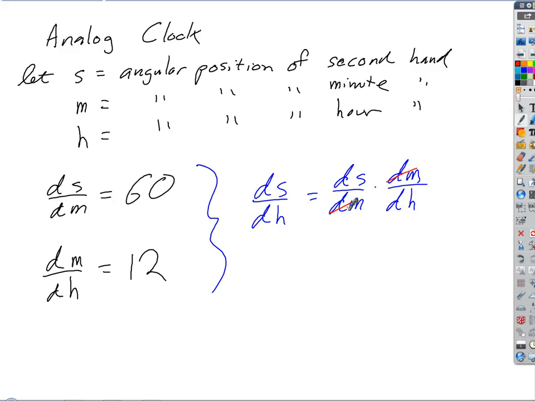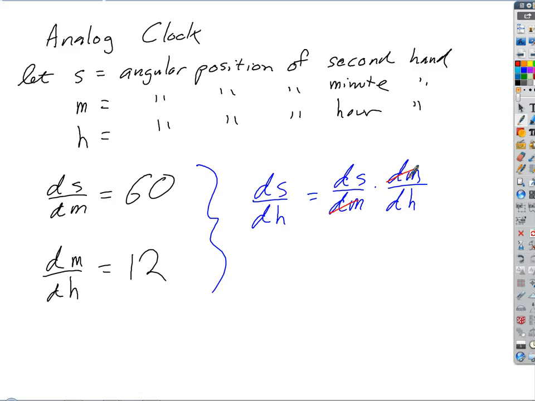As long as those factors are the same, we can treat this just like we would any fraction. But it's more complicated than that in a way, because these actually could represent functions. But that's how the chain rule works.